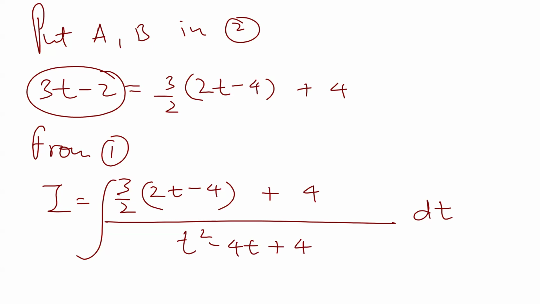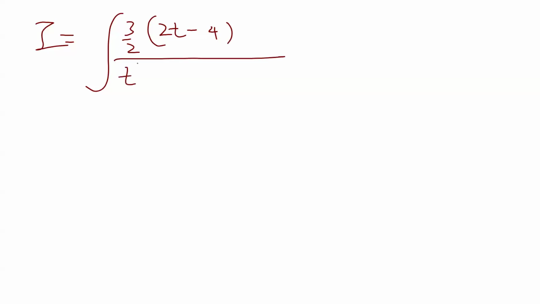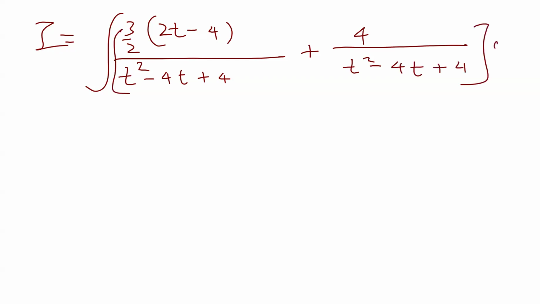So now just simplify this further. Split this into two parts. I is equal to 3 by 2, 2t minus 4 upon t square minus 4t plus 4, plus 4 upon t square minus 4t plus 4, dt.